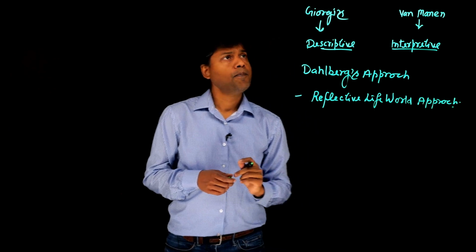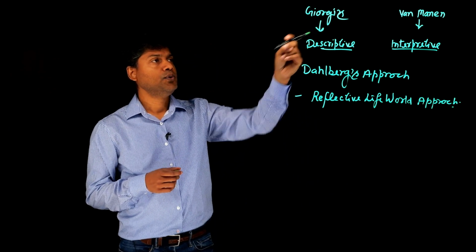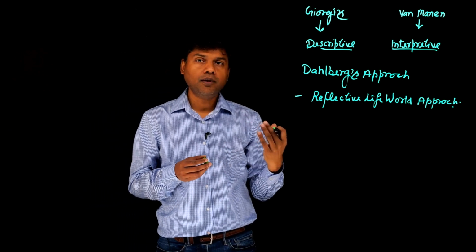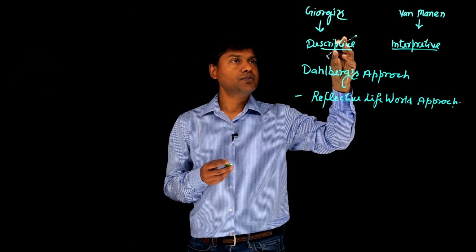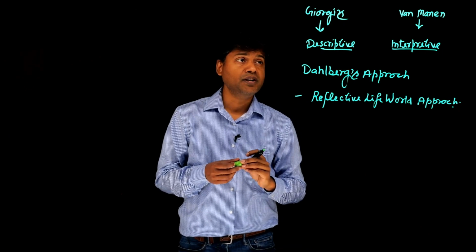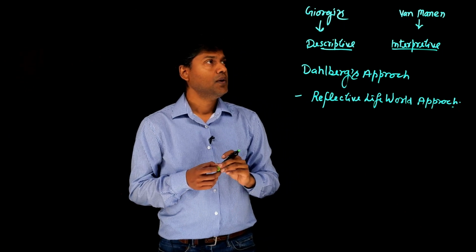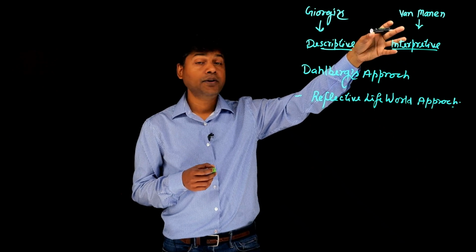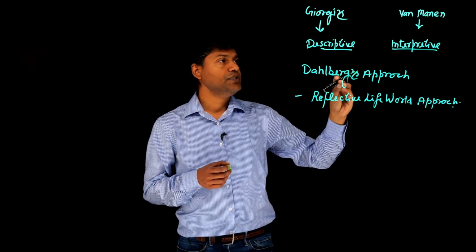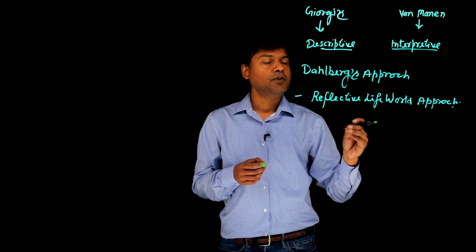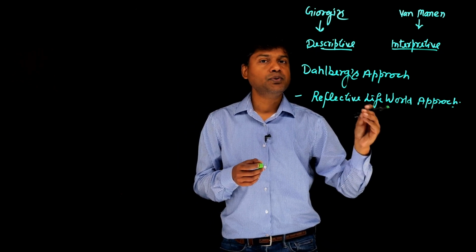If you remember, Giorgi's approach is primarily inspired by Husserl, and it focuses on a detailed description of the phenomenon under investigation. Van Manen's approach is primarily inspired by Heidegger, and it focuses on interpretive meaning and the process of how people assign meaning to their experiences.